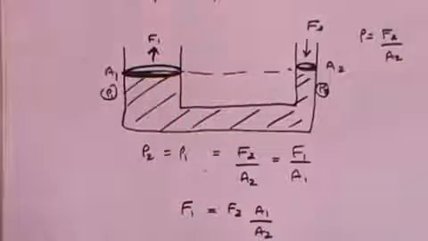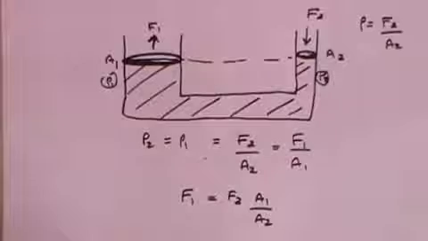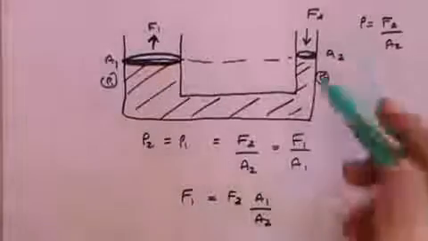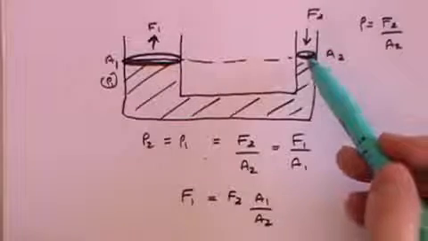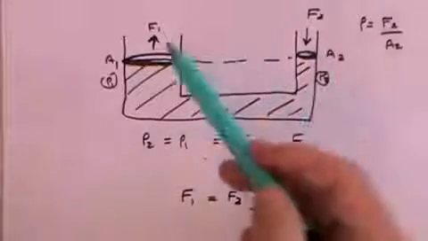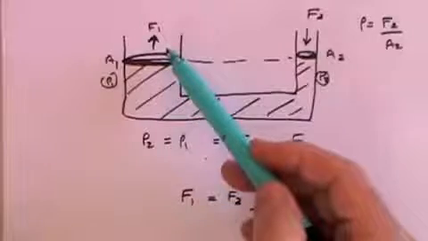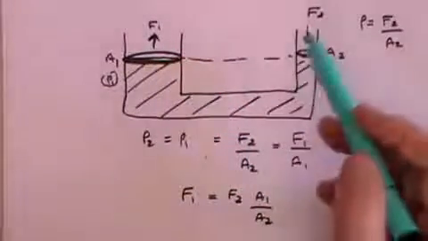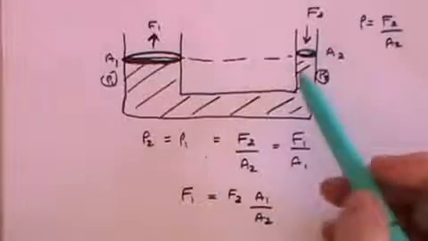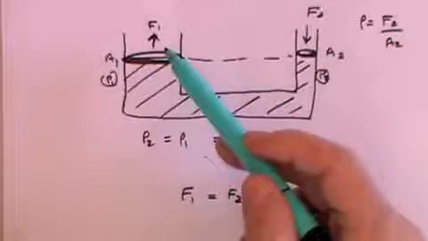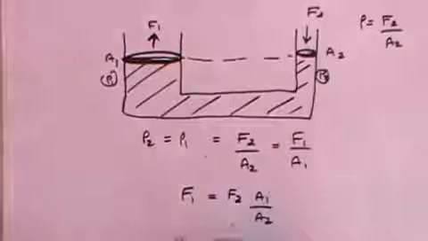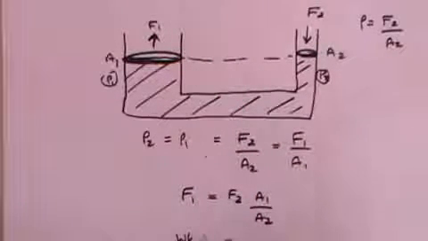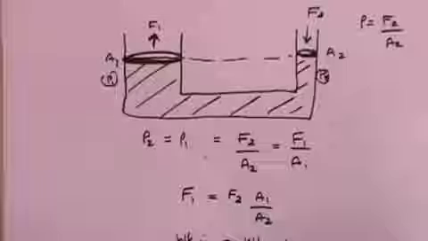Now that sounds as though you're getting something for nothing, and that can't be right. And the price that you pay is that you have to push this piston down a long way in order for the car to be moved up a short distance. The issue is that the work that you do in is equal to the work that is done out. Work in equals work out.